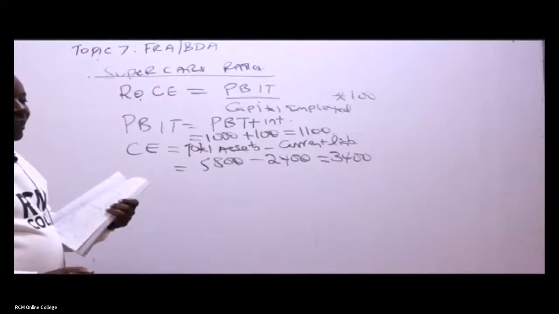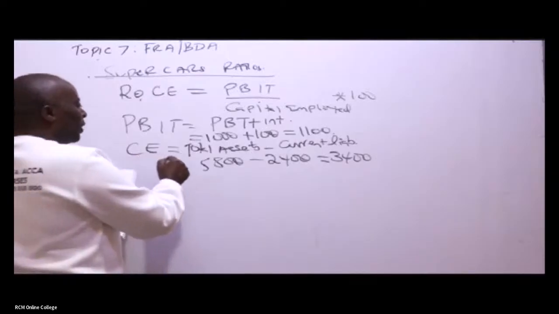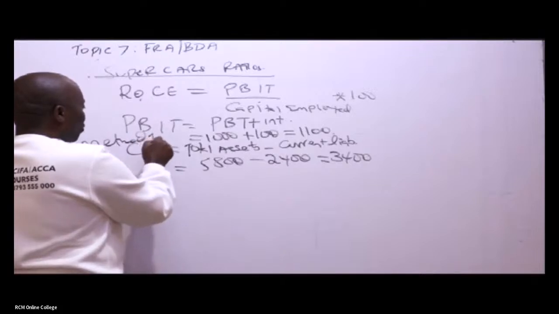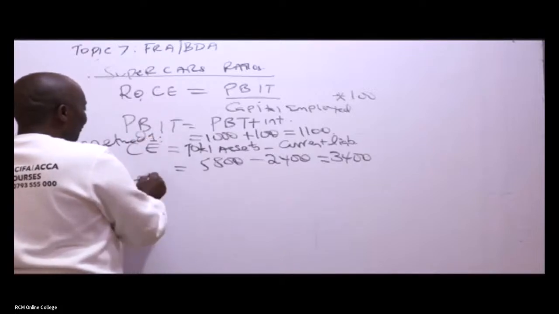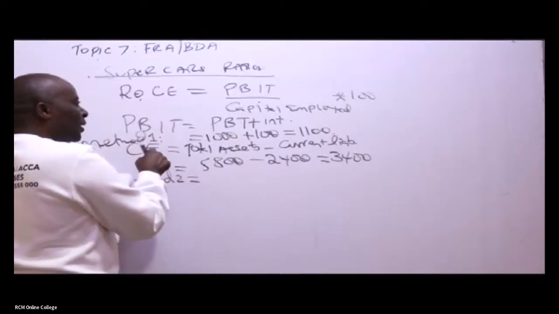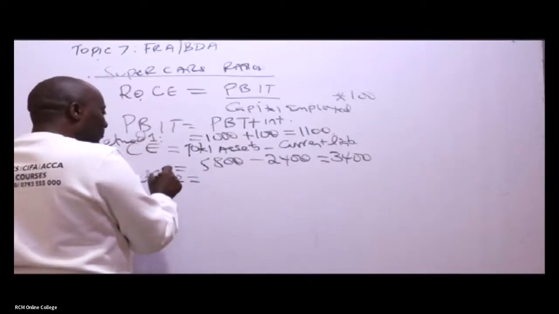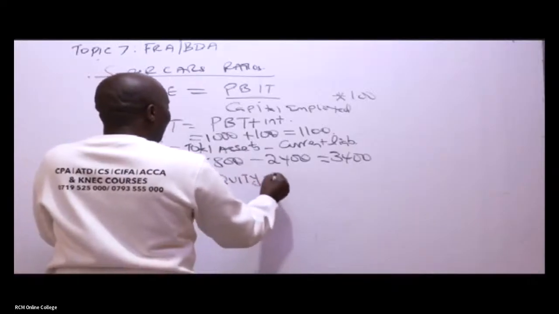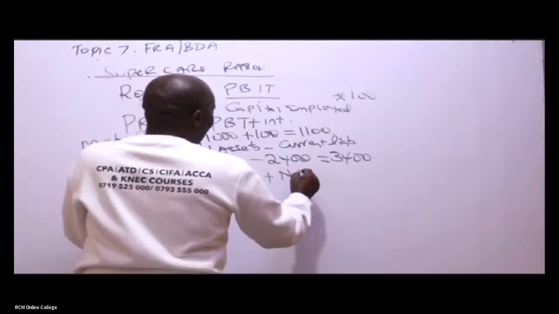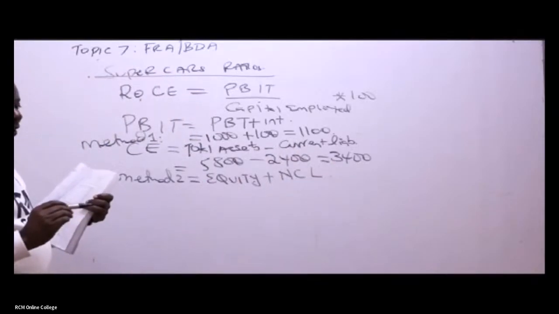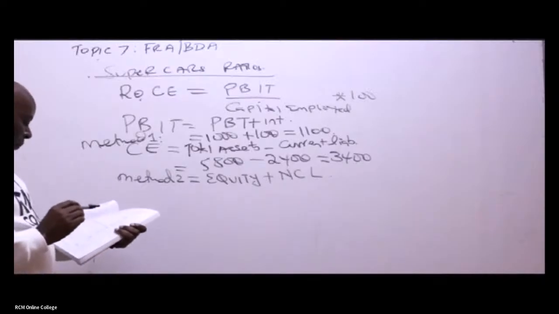All right. And then remember, we have another method. This is method 1. Is there somebody who was able to use method 2? Method 2, the capital employed will be all equity plus non-current liabilities. So you go to the equity section.